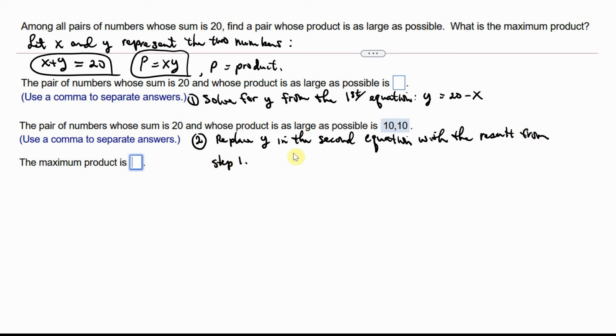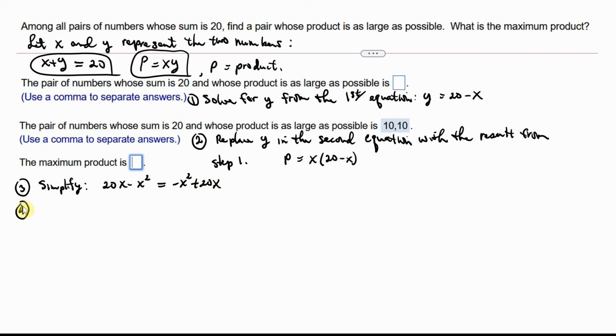So I have P is equal to x times, but now y is 20 minus x. Step 3: simplify. Here I get 20x minus x squared, but this is negative x squared plus 20x.